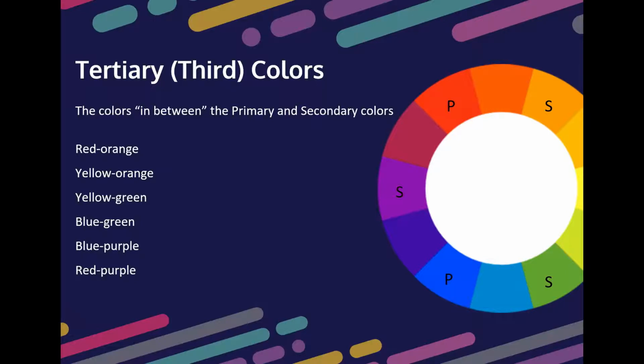You have already learned about the primary colors. Primary means one: red, yellow, and blue. Then there's the secondary, which are orange, purple, and green, because it takes two primary to make one secondary. But now we're going to talk about tertiary colors, which is the third type of colors.